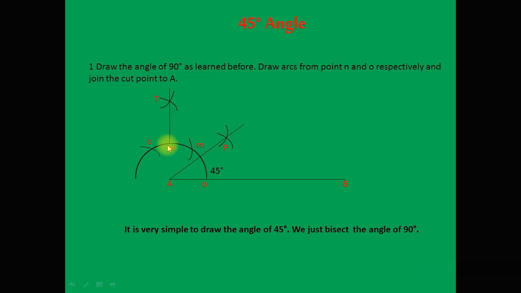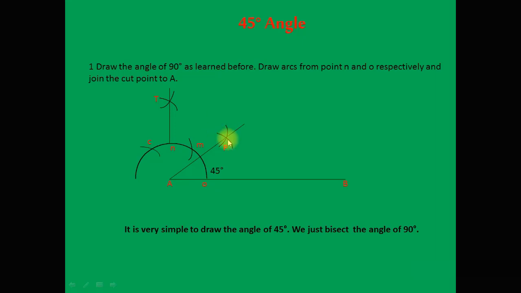Now since from this point N to this point O we obtain an angle of 90 degree, now bisect this arc. So for the bisecting of this arc, put the compass at this point N and draw here an arc, and then put the compass at this point O, draw another arc.